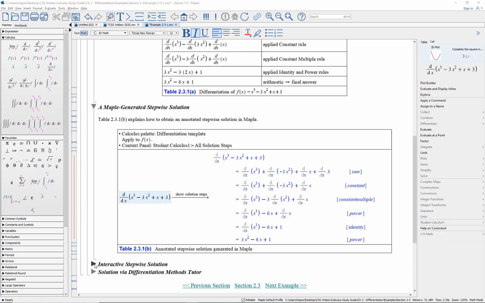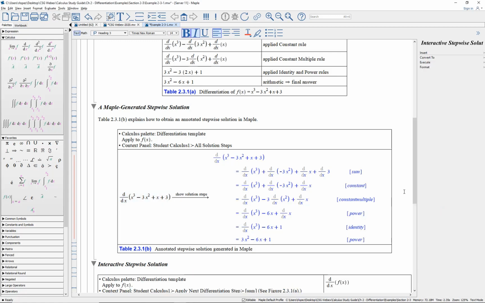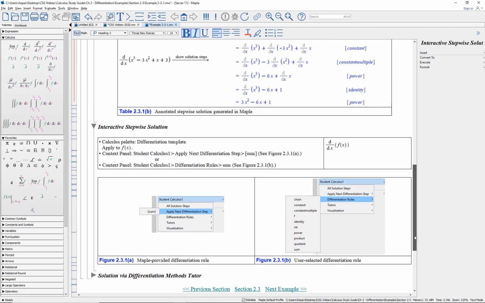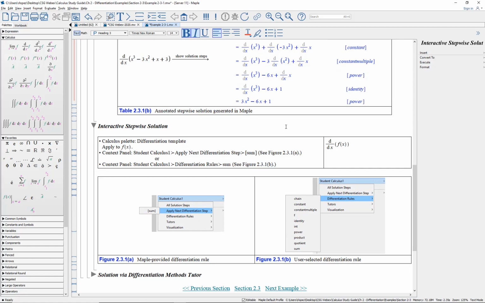Well, it'd be best if the student, the learner, had to implement these steps, and there's a way to do that too. We saw that in addition to all solution steps, you have the option, tell me what to do next, and maybe we'll respond with the appropriate rule that you apply next.